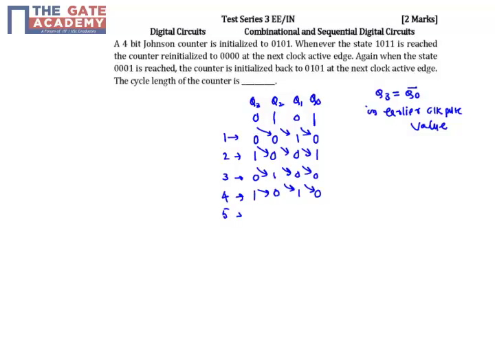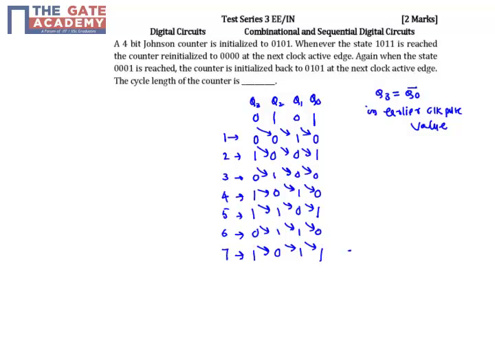Fifth clock pulse 1 0 1, this is 1. Sixth clock pulse 1 1 0 0, seventh clock pulse 0 1 1 1.